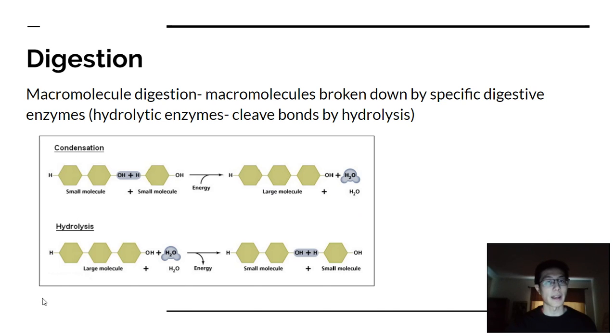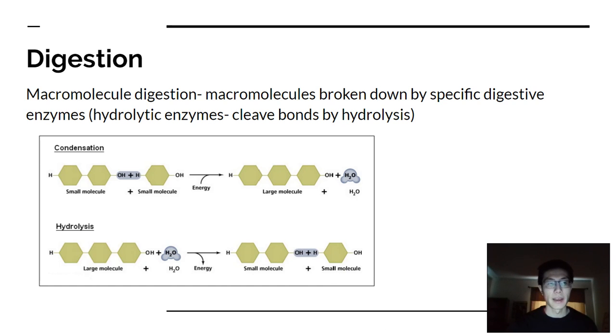Whereas on the other hand, however, digestion is the opposite of that, which is hydrolysis. So we're taking a polymer and through reaction with water, right? So we're basically sticking a water into this bond over here. So if we're talking about carbohydrates, it's a glycosidic bond. We're going to be breaking those bonds to form individual units over here. So we're taking a large molecule and we're reacting it with water, and we're going to break it down into a smaller molecule over here.